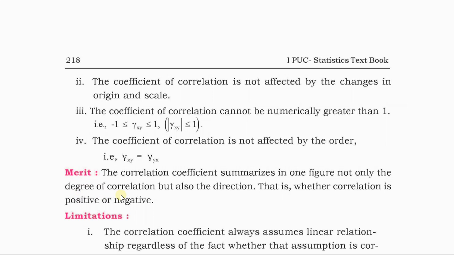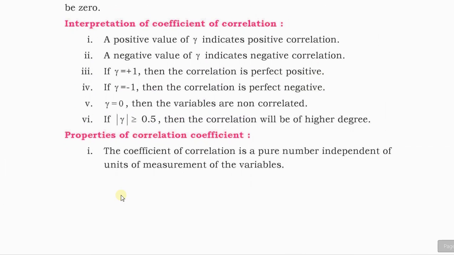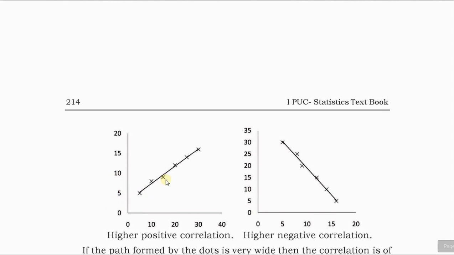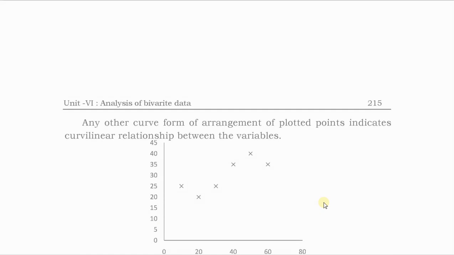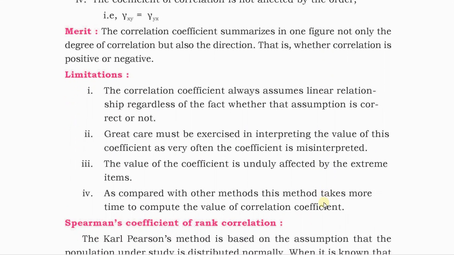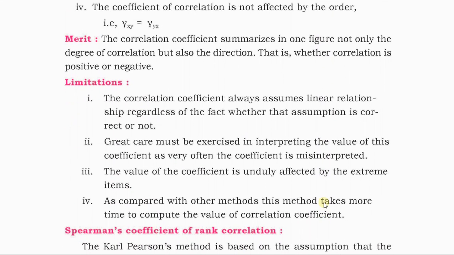If the correlation is positive, then the path of the straight line or curve will be upwards. If it is negative, then the direction of the line or curve will be downwards. This is what it means. Okay. Let us look at the demerits or limitations of Karl Pearson's correlation coefficient.